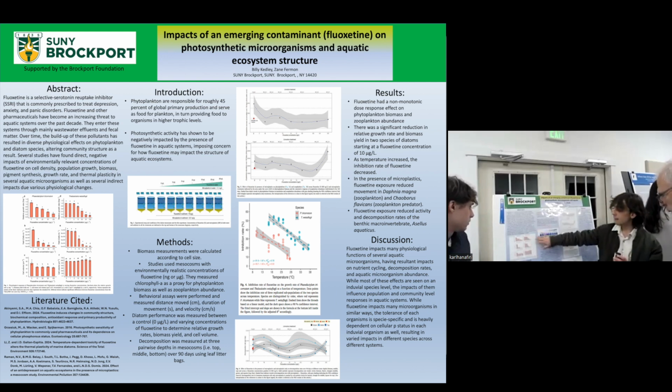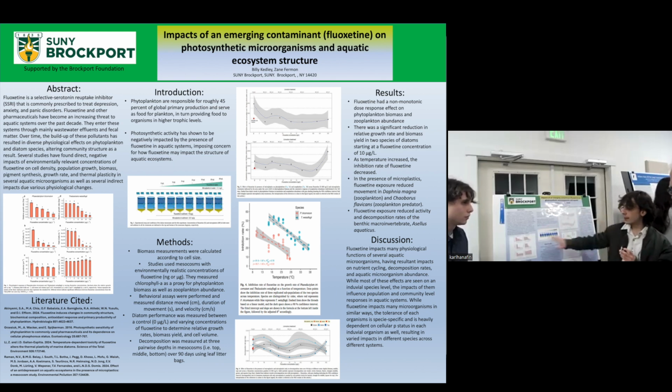So they found a variation of these impacts across not just biomass and relative growth rate. They also found these decreases, same thing at 10 micrograms, in pigment synthesis. They found some effects on cell density as well as population growth as a whole.